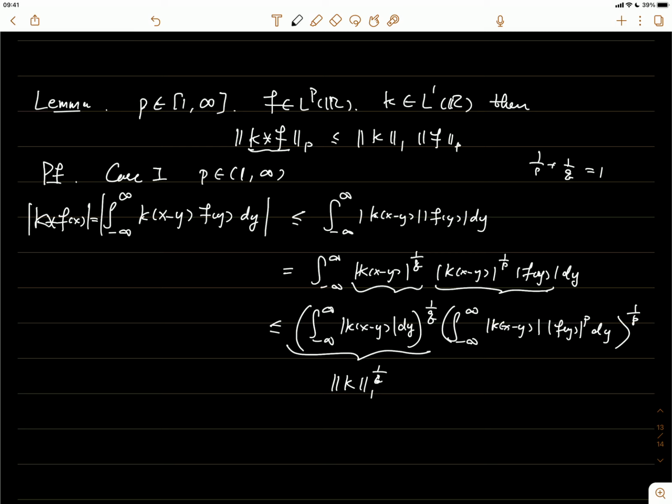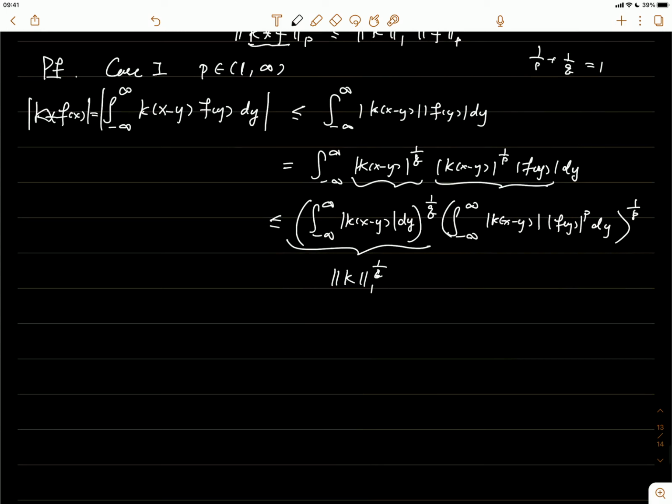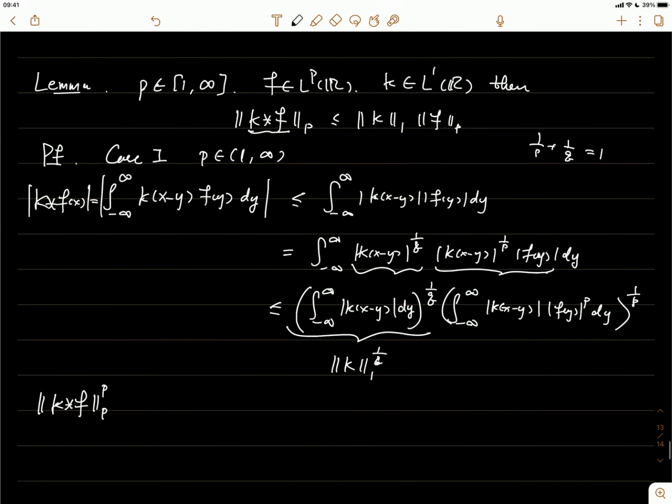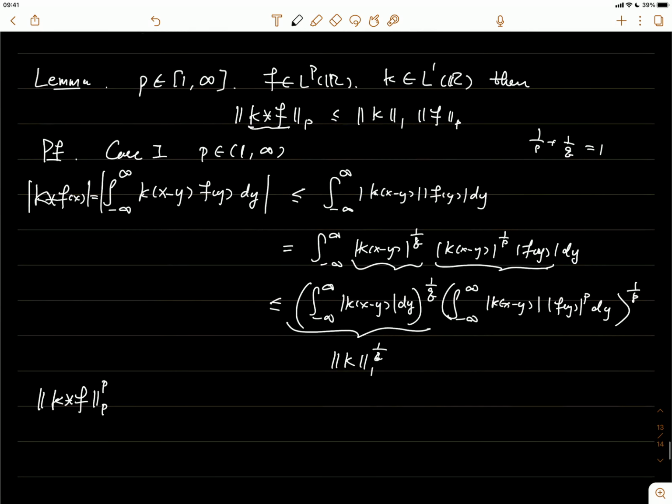Okay, and the second term doesn't change. This term doesn't change, but that's my estimate for this term, and that's going to be my integrand for this p norm. So let's see what that is. Well, let's look at the p's power of the p norm of the convolution.